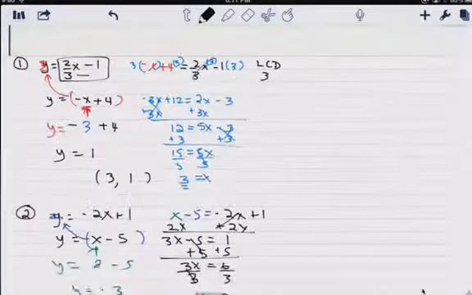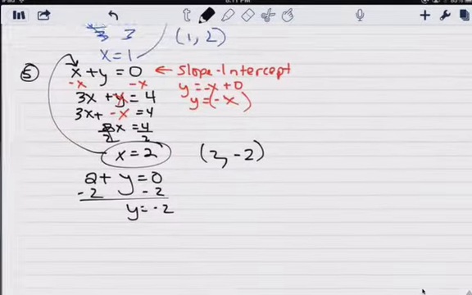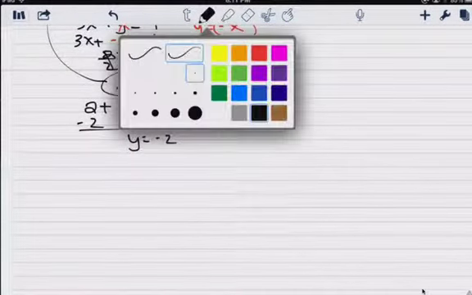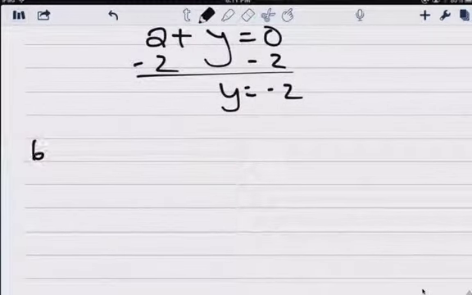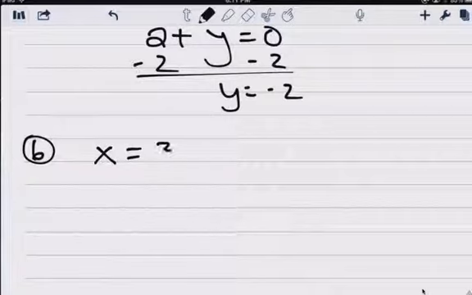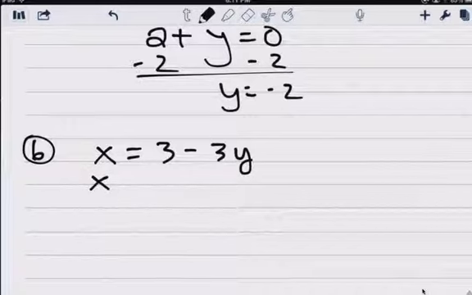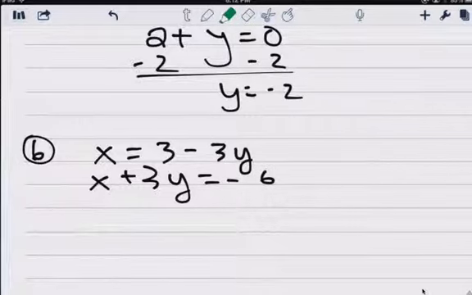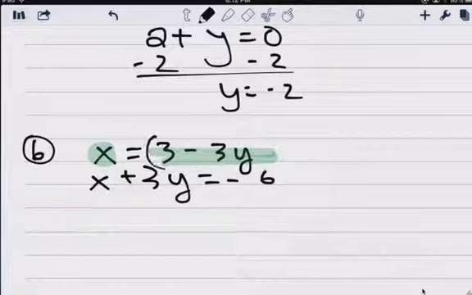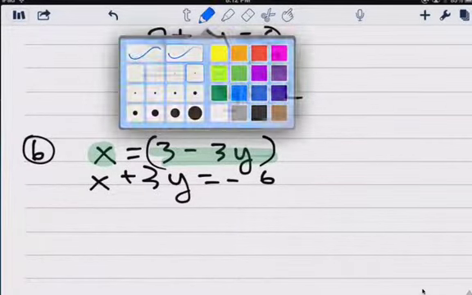Okay. Number 6. Number 6 is x equals 3 minus 3y, and x plus 3y equals negative 6. Because this is by itself, I just substitute this in where this x is.